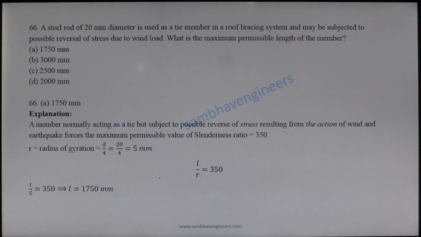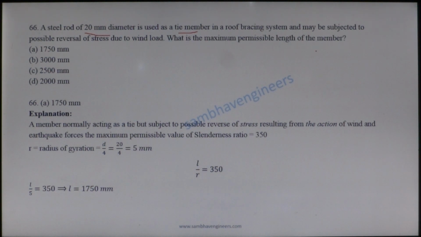Next question. A steel rod of 20 mm diameter is used as a tie member, means tension member, in a roof bracing system, and may be subjected to possible reversal of stress due to wind load. What is the maximum permissible length of the member?